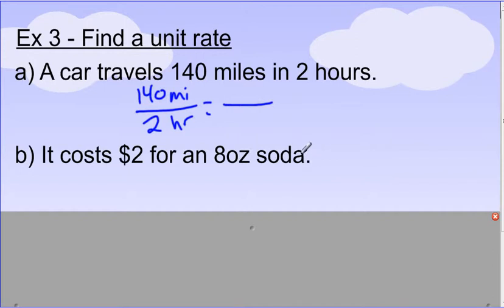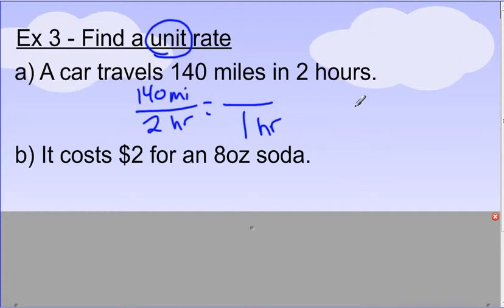Now, there are a couple different ways we can do this problem. We know that a unit rate, which is what we're trying to find, has a denominator of 1. So you'll look at the rate we have here. It does not have a denominator of 1. The unit rate we're going to make does have a denominator of 1. Now, I mentioned there's a couple different ways to do this.